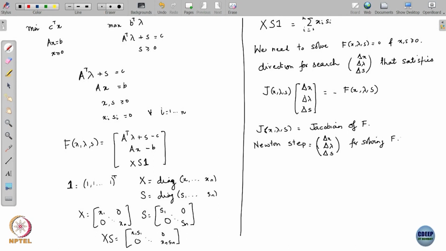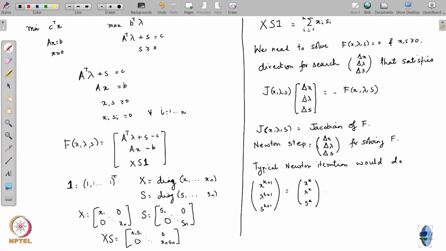Now, a typical Newton iteration would do x k plus 1, lambda k plus 1 and s k plus 1 equal to x k, lambda k, s k plus the step that we have, which is delta x, delta lambda, delta s.